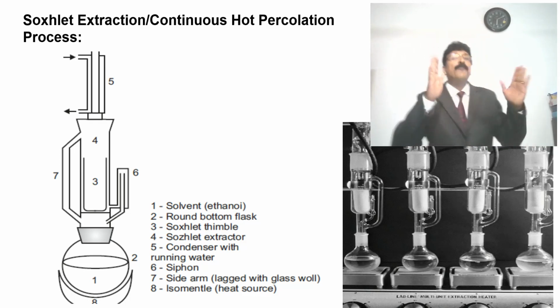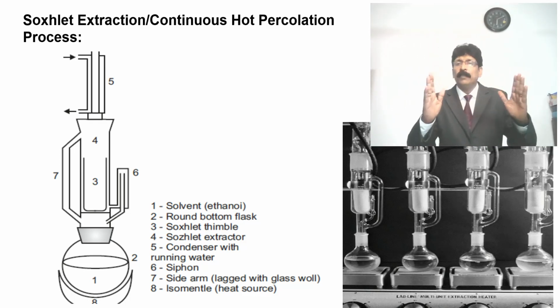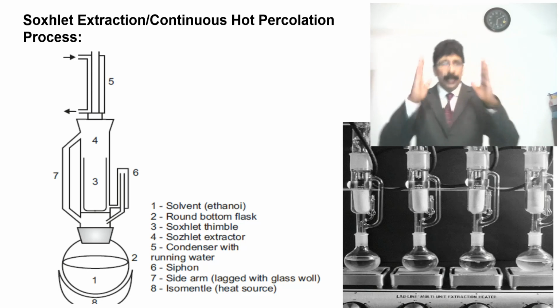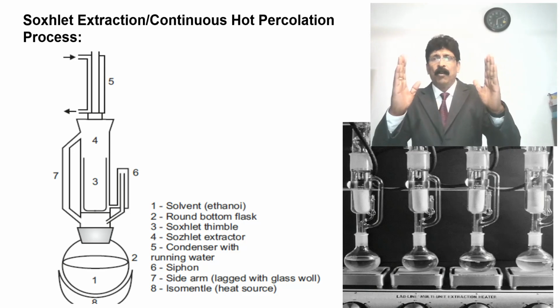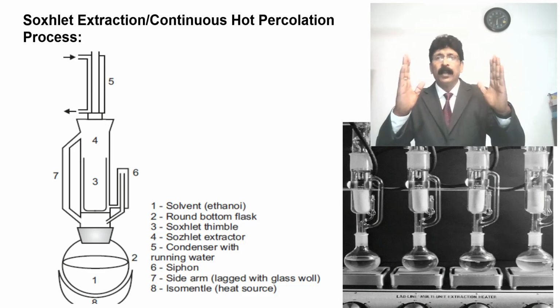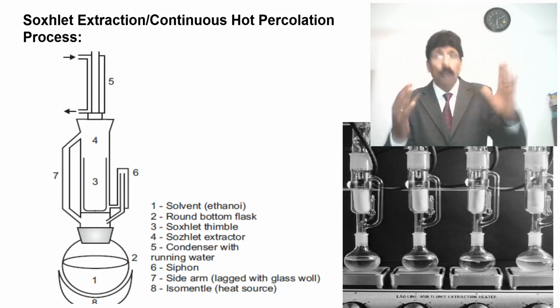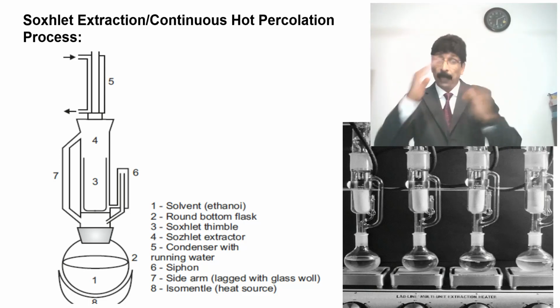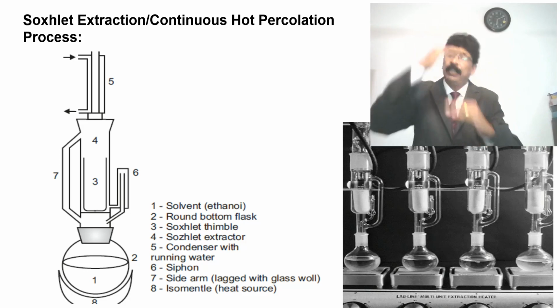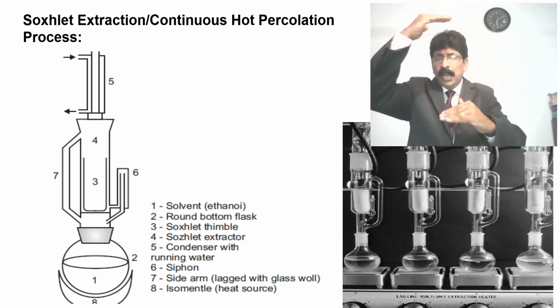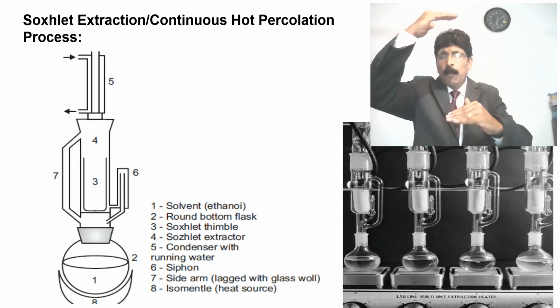So it is very important for the students to write for 5 mark or 10 mark. Write very clearly, Soxhlet apparatus comes under a continuous hot percolation method and it has 3 parts mainly, and we can add in the picture 4 parts, but the apparatus has only 3 parts: specifically the round bottom flask with a ground joint with the Soxhlet apparatus, and with a ground joint attachment with a water condenser.